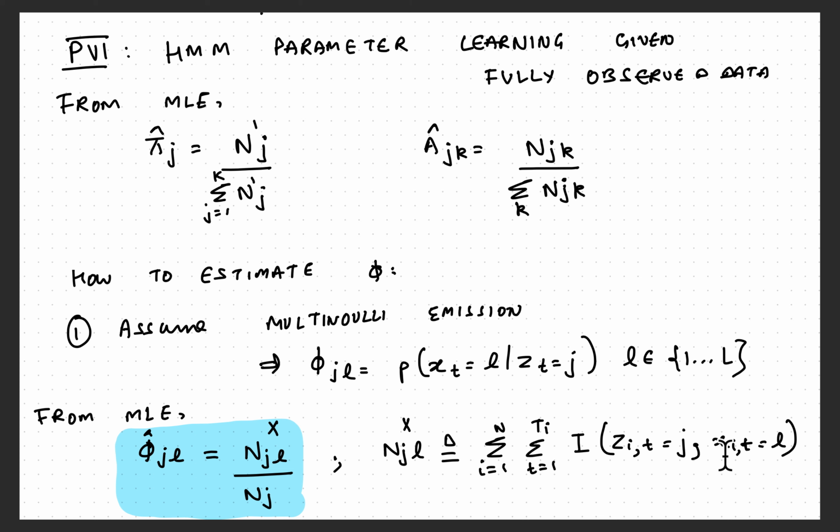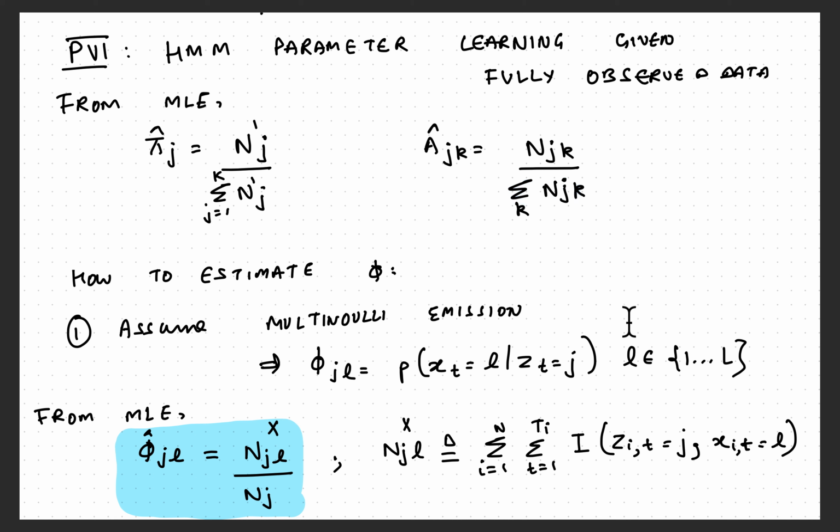The count over all the sequences and all the timestamps in each of the sequences when you observe the Lth symbol when the state was J. That count is divided by Nj, where Nj we have discussed earlier is the same quantity which we used to estimate a hat of jk, the denominator of that. How many times were you in state j? So effectively what phi hat of jl is telling you is out of all the times that you were in state j, what was the proportion of times that you emitted the Lth symbol.